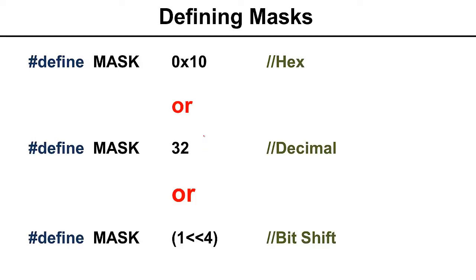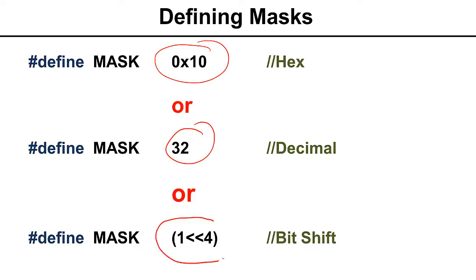Now, when we define masks, we can define it as hex. It's easy for me to see what the hex is. Decimal, it's not quite as easy, but this one initially looks goofy, but it turns out this is my preferred way of doing a mask. Now, what this operator is, in case you've never seen it in a class before, this is the bit shift operator.